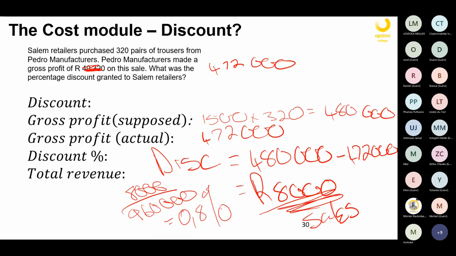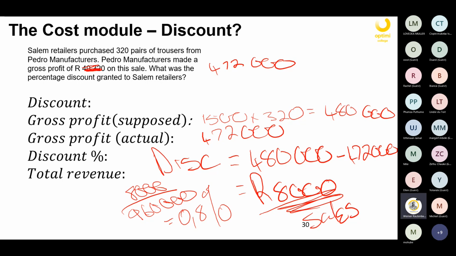Anything else? Okay, the last thing was the final part, the discount on the cost module. What about it, Gerald? I want to know how you got to, because I lost connection, I don't know how you got to that 8,000.